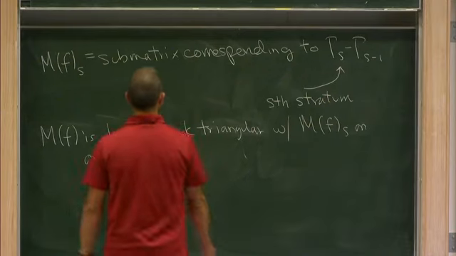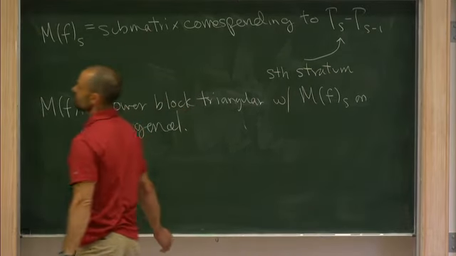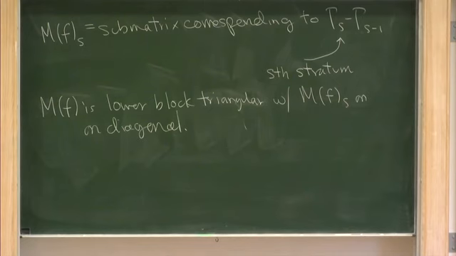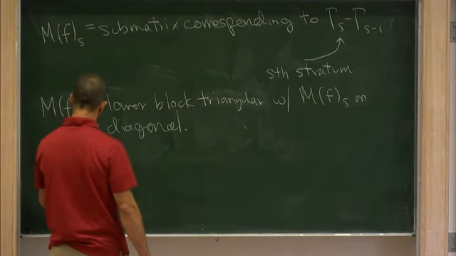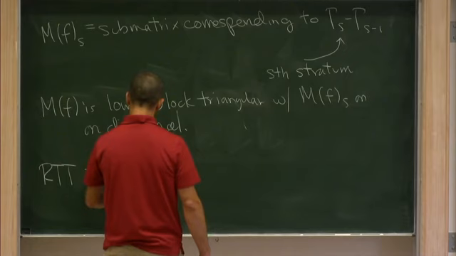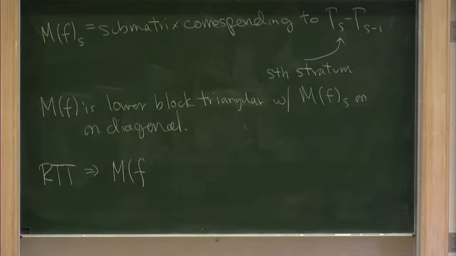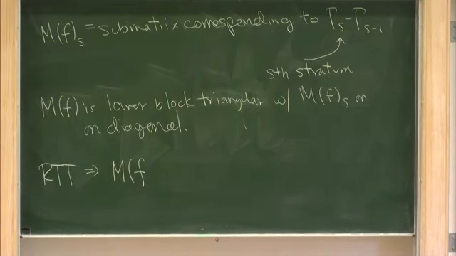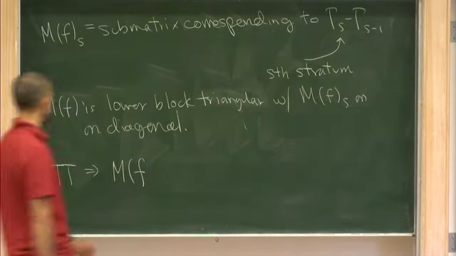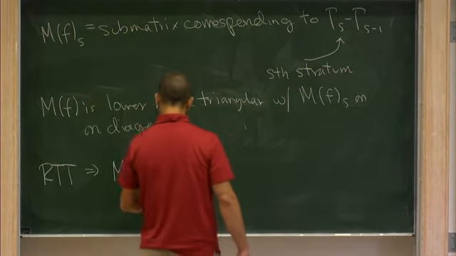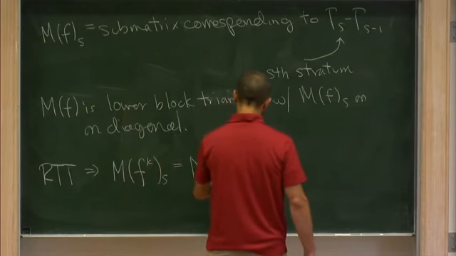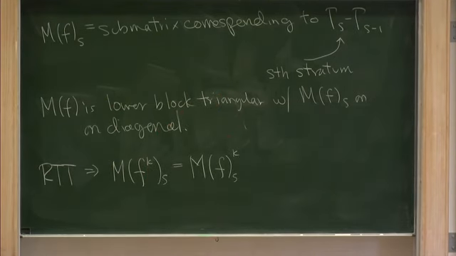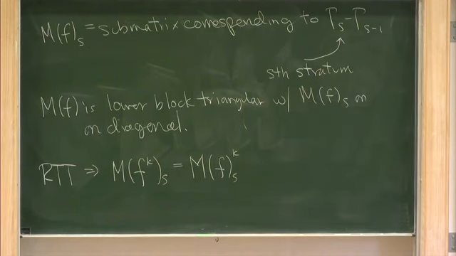Okay, and so what do those three properties that I didn't tell you about give us dynamically? So the relative train track properties tell me that if I look at powers of the automorphism and do this construction, then the submatrix there is exactly just the corresponding power of the submatrix for the original one. Okay?